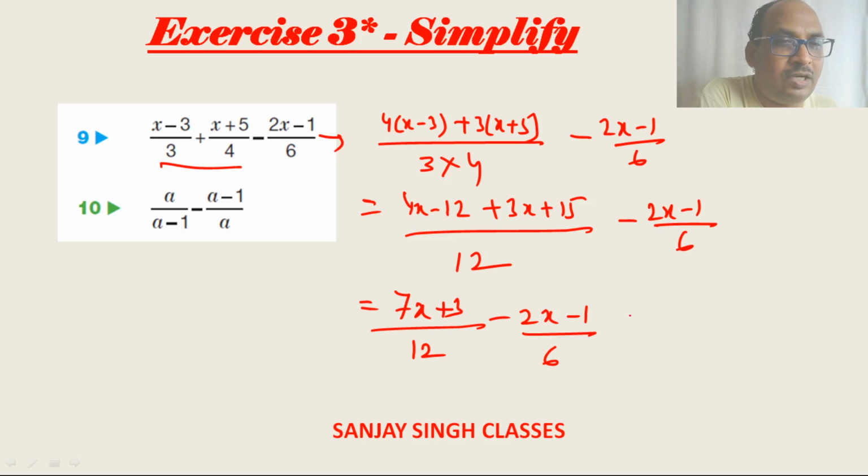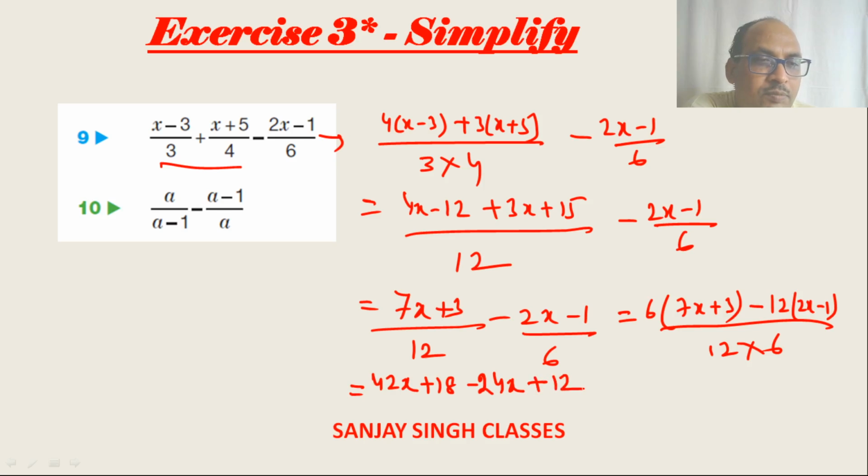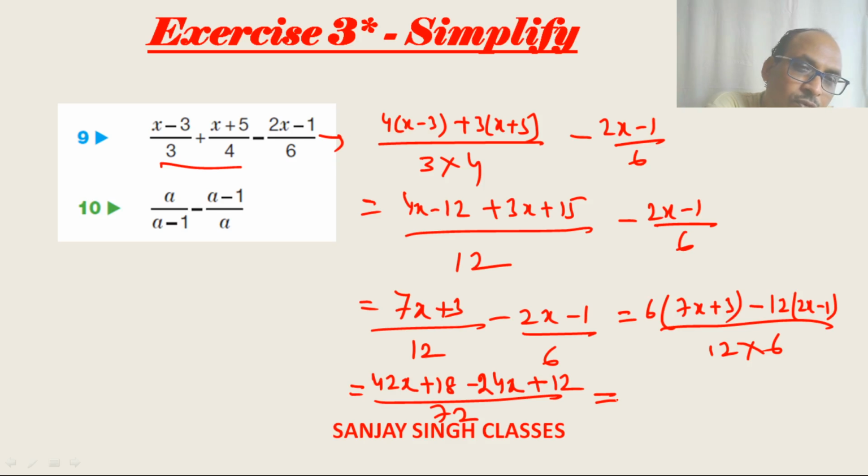Okay, so now further we will be solving 6 into 7x plus 3 minus 12 into 2x minus 1 divided by 12 into 6. So this has given to us 7 sixes 42x plus 18 minus 24x, minus minus will become plus, so plus 12 divided by 72. So now 42 minus 24.